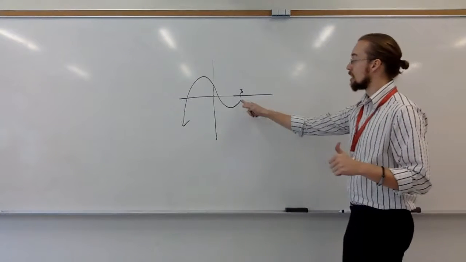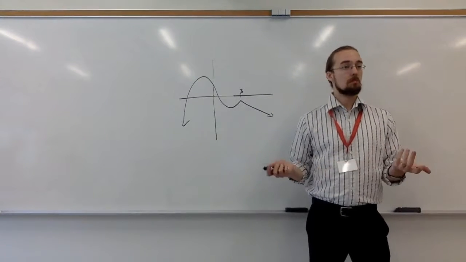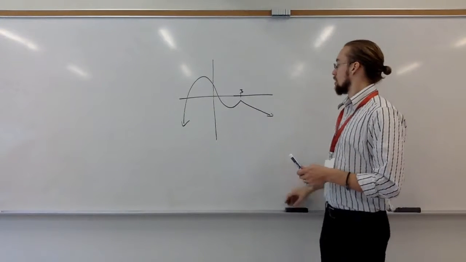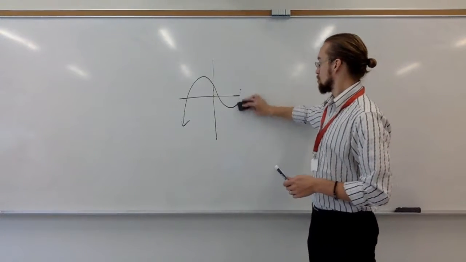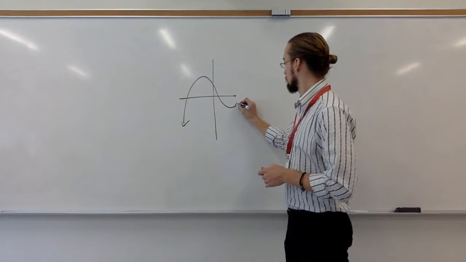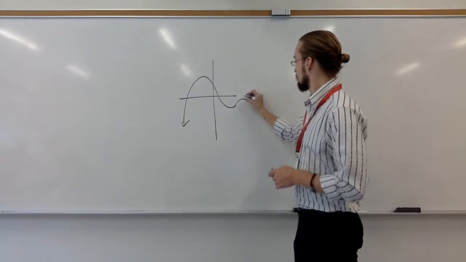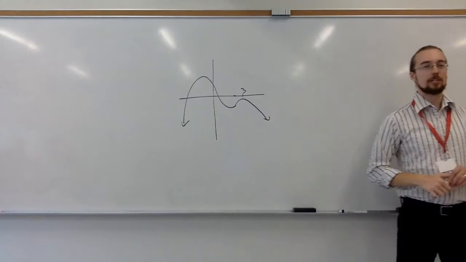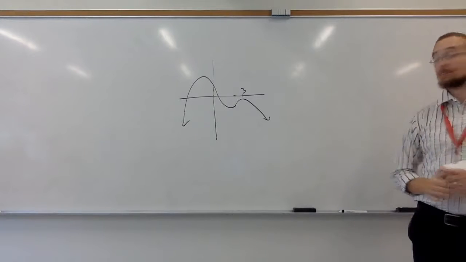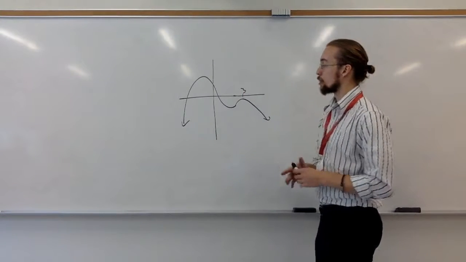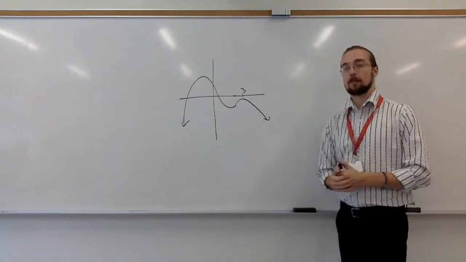Yeah, right? Is it differentiable? No. Why not? We've got a corner. How about this one? Is my function continuous at 3? Is it differentiable at 3? Yes, right? It would be a smooth curve. I can draw a tangent there.